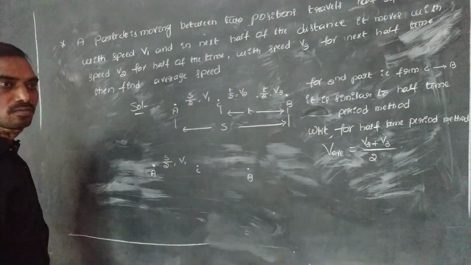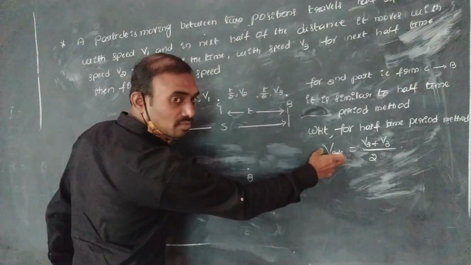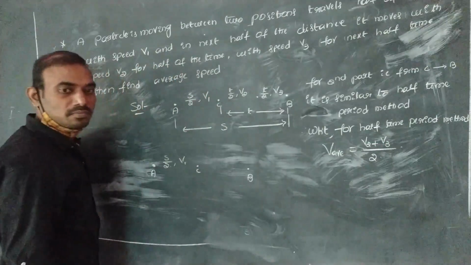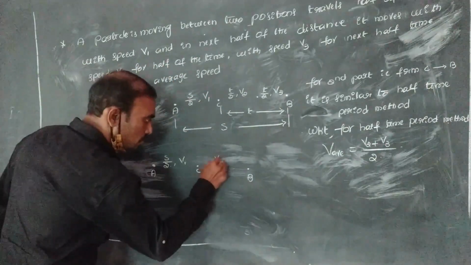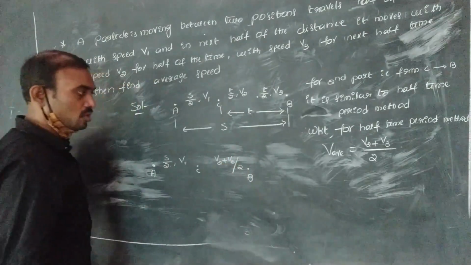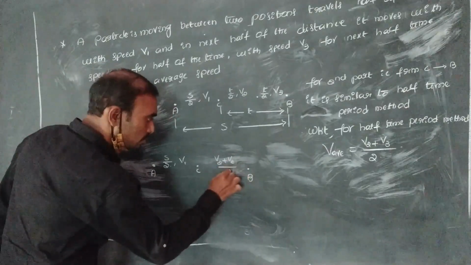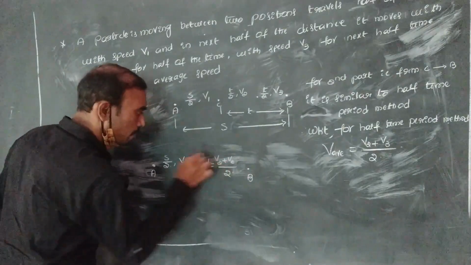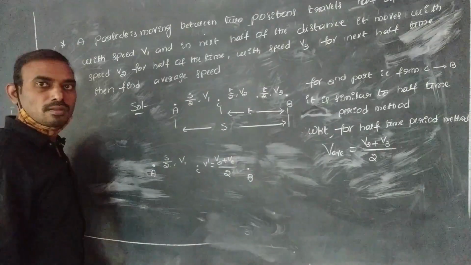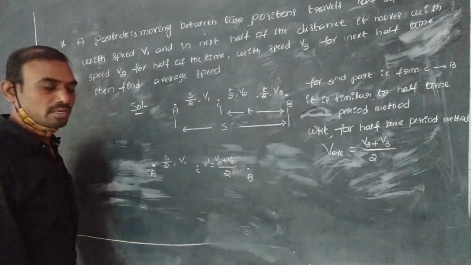For the second half, the speed is V2 plus V3 by 2. Take it as V dash. V dash equal to V2 plus V3 by 2.